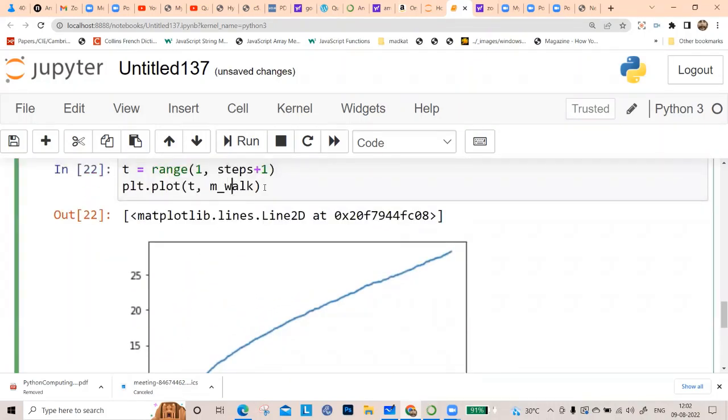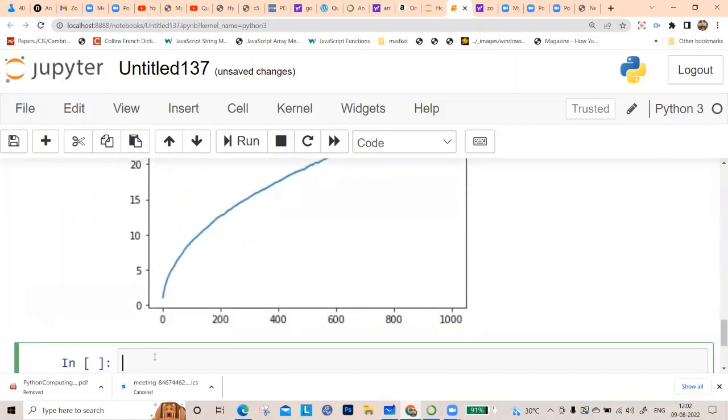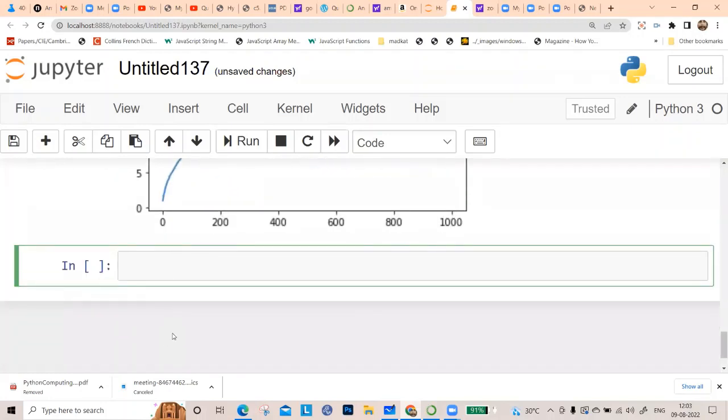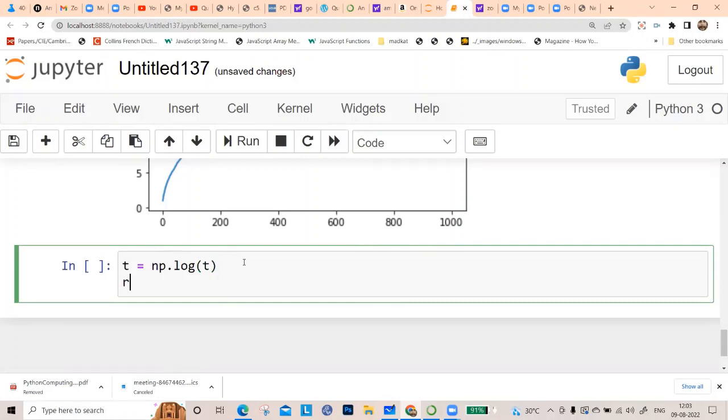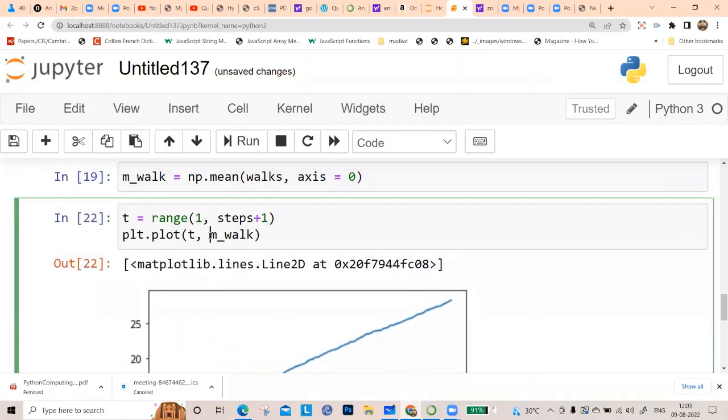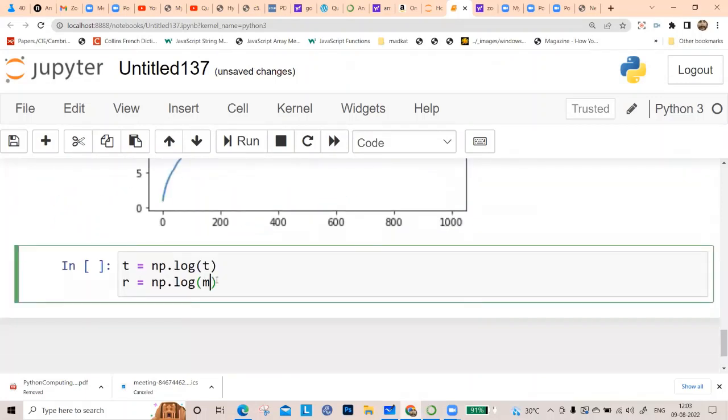Okay, so now I take t equal to np dot log of t, and I take r equal to np dot log of what we wrote here, m walk. So both are in log.